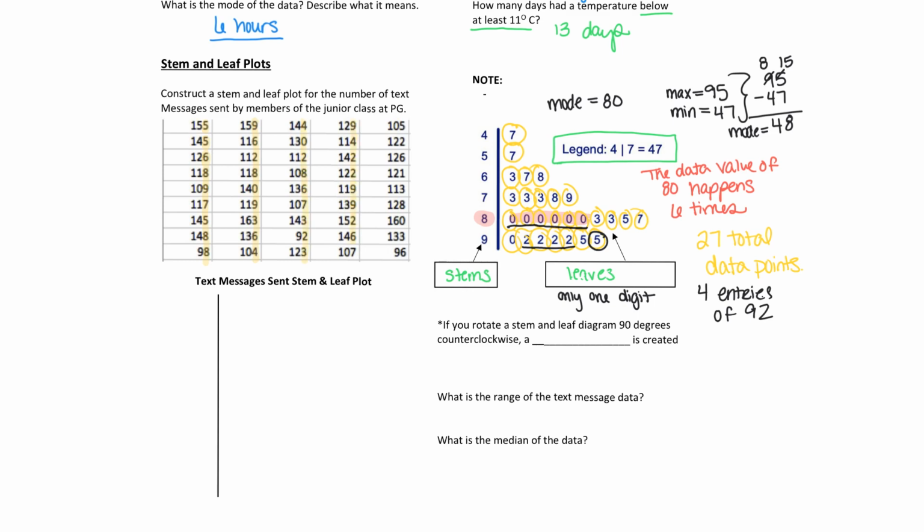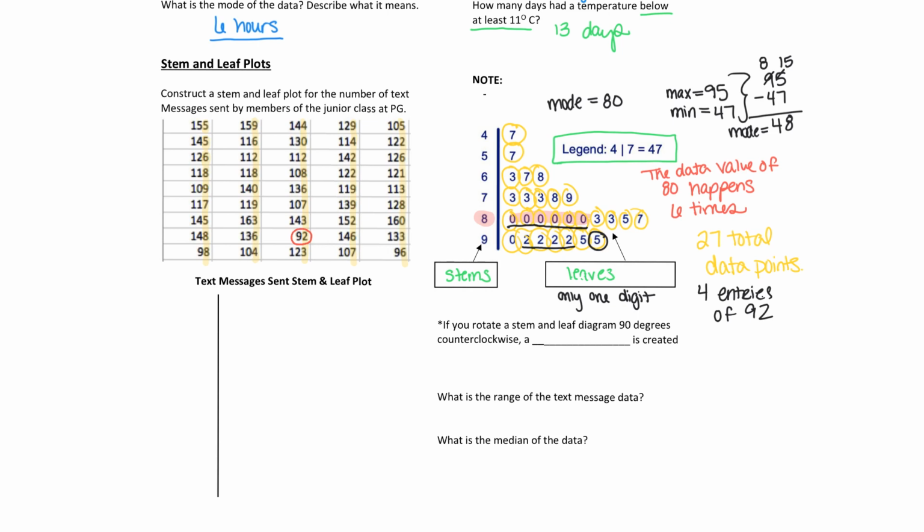If you highlight what are going to be your potential leaves, it leaves you with what your stems are going to be. So it looks like my minimum is 92, I believe. Right here, looks like that's my minimum of 92. And my maximum, let's see, who's sending a lot of text messages? Looks like 100 and, is there 160 somewhere?